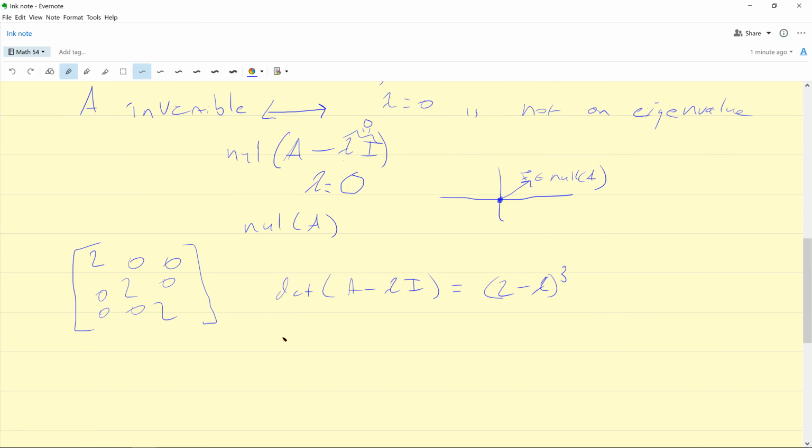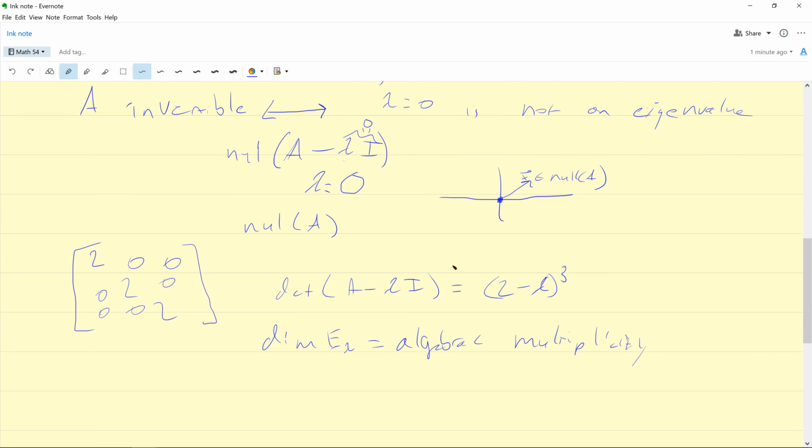What's going to happen is that the dimension of the eigenspace is going to be equal to this algebraic multiplicity. So there are lots of matrices that are diagonalizable that don't have distinct eigenvalues, but their eigenspaces are high enough dimension.